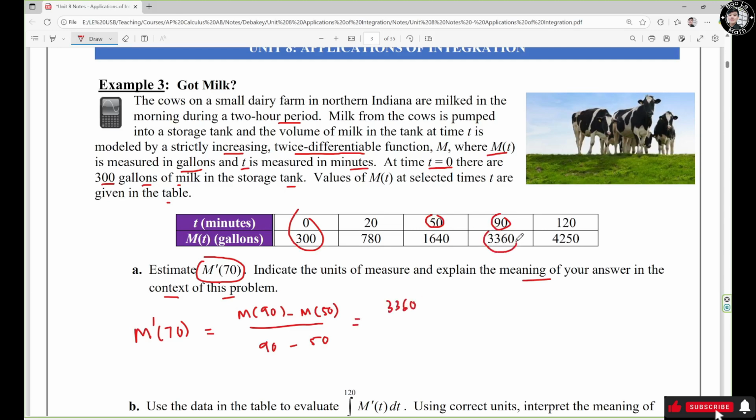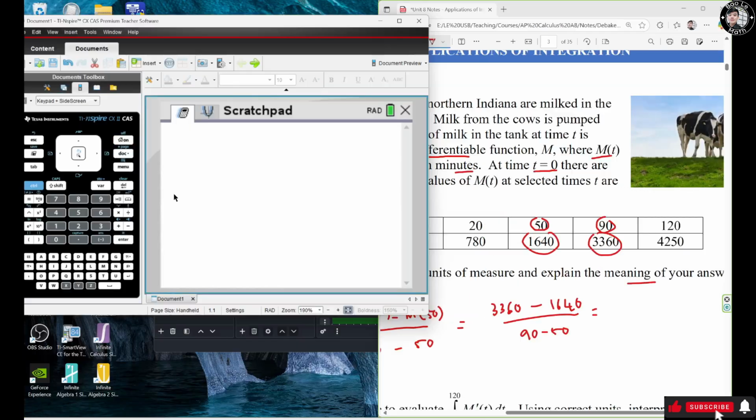Now m of 90 is 3360, which is this one. Subtract m of 50, which is 1640, over 90 subtract 50. So 3360 minus 1640, then you divide by 40.